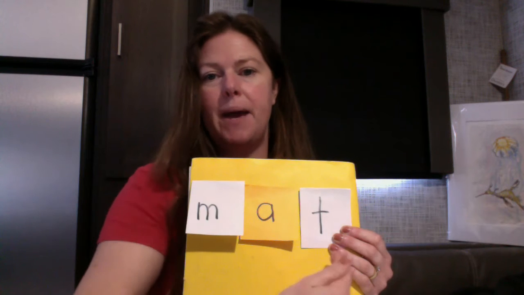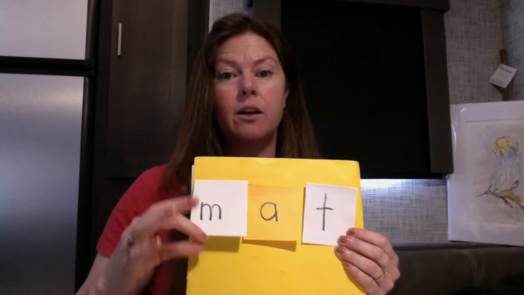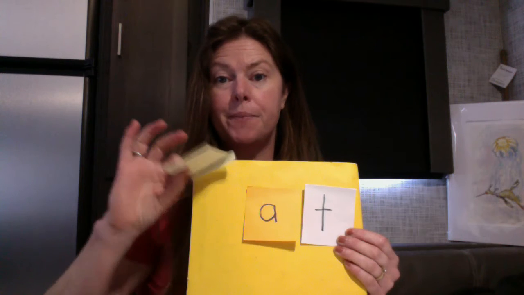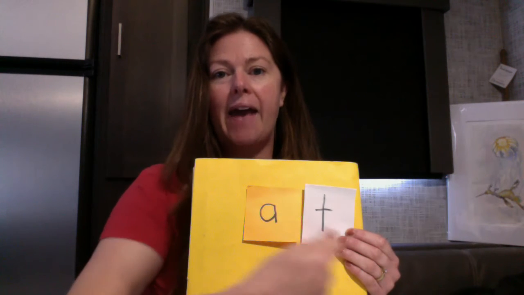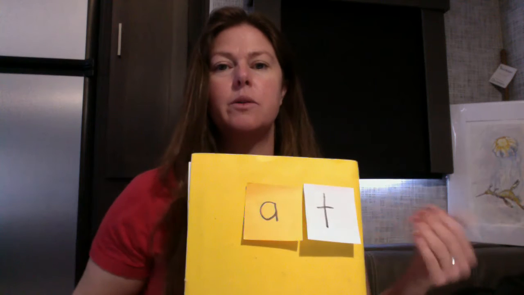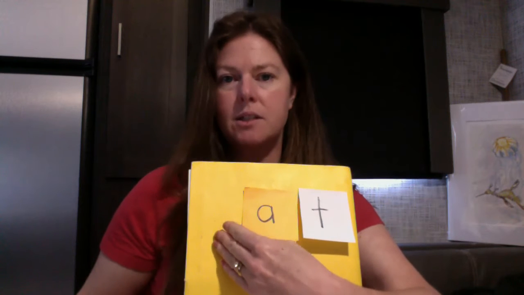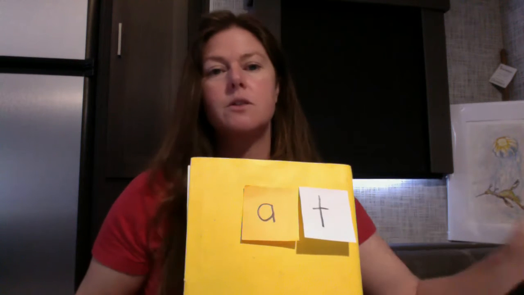At, mat. Now we're going to take away the first letter, and what's left? At. And now we're going to change at into sat. Sat. What do we need? We don't have this, so we need an S. And then where is it going to go?